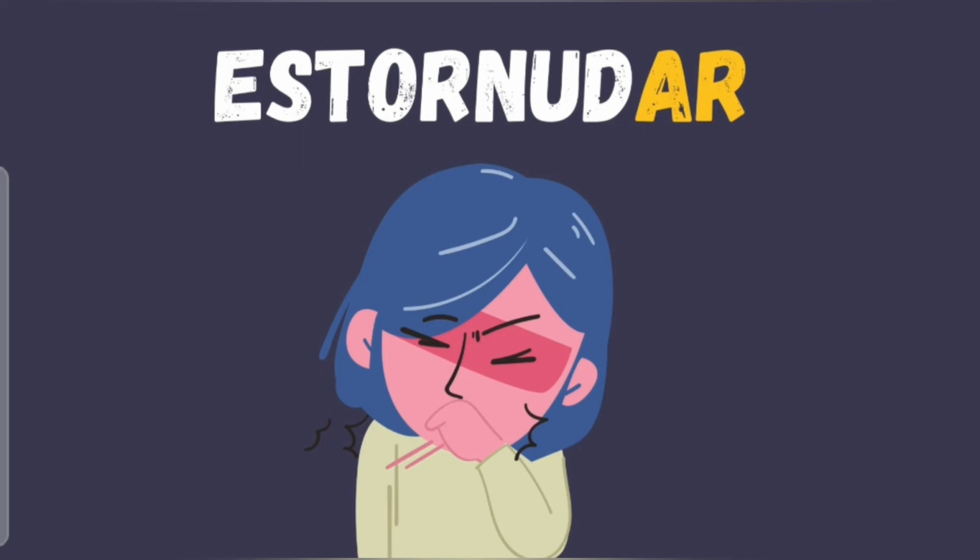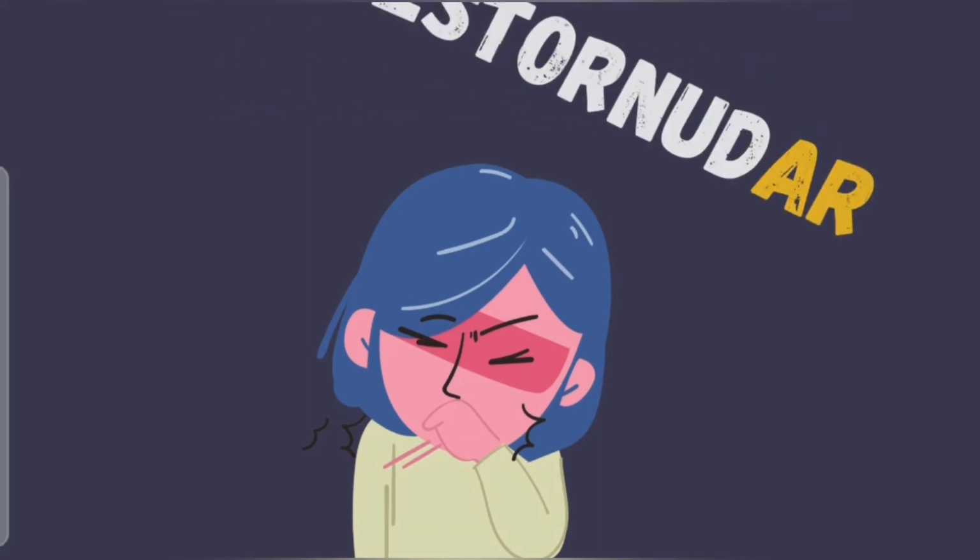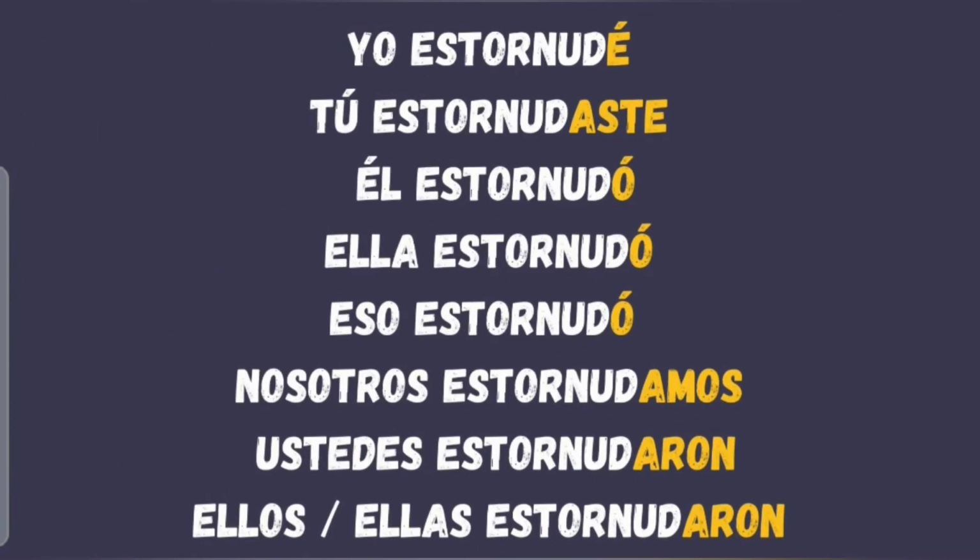So the next verb we have is to sneeze. To sneeze. Estornudar in Spanish. Okay, let's see how you have to conjugate this verb according to the indefinite past. Okay? Yo estornudé. Tú estornudaste. Él estornudó.